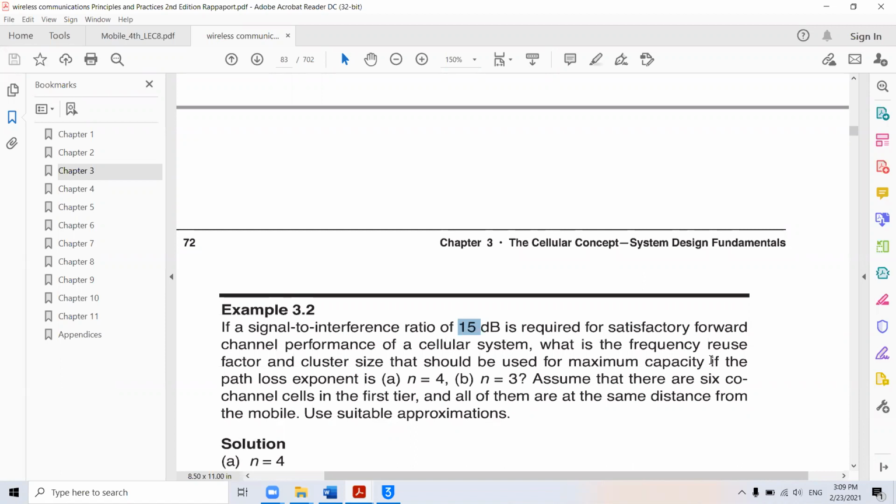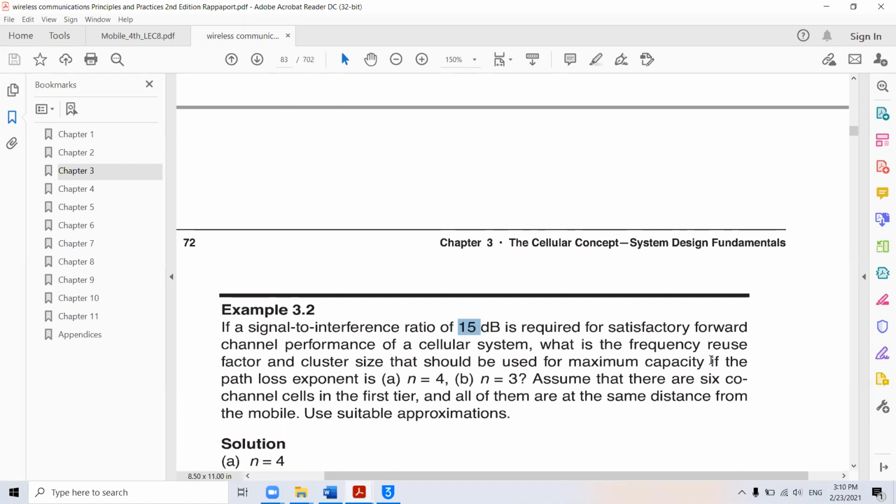So we have to have a cluster size which will lead to S over I greater than 15 dB, and at the same time satisfy the requirement for maximum capacity of the cellular communication system.